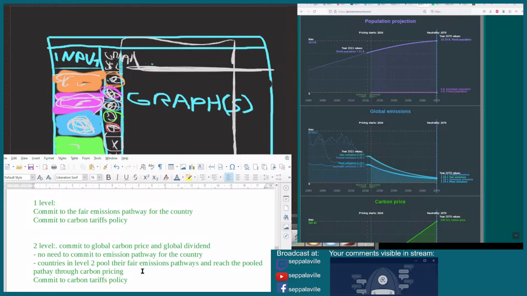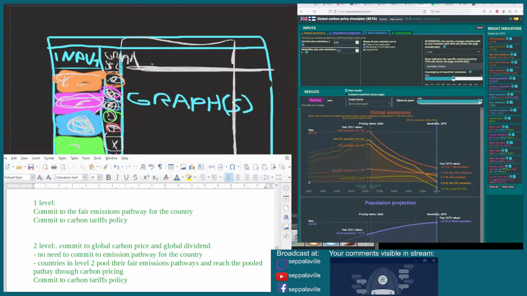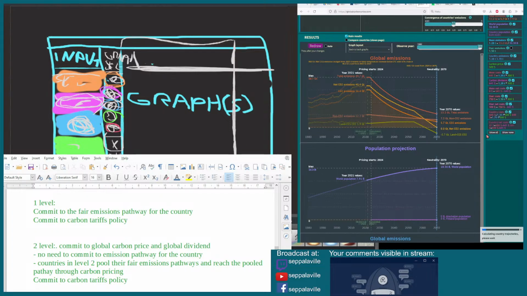So in general, it would be nice to have, like here for Finland, there's the user emissions path, let's take that away.